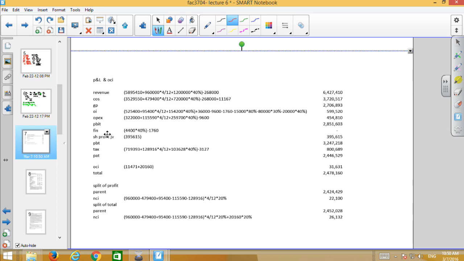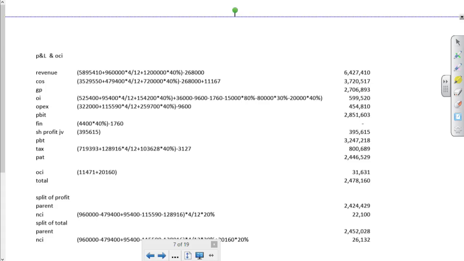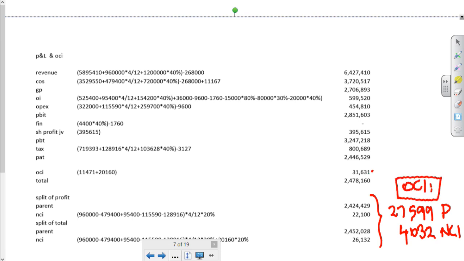Okay, what were the numbers here? Just give them to me again. It was 27,599 and 4032. Parent, NCI. Okay, and this is the share of other comprehensive income, which is that number.